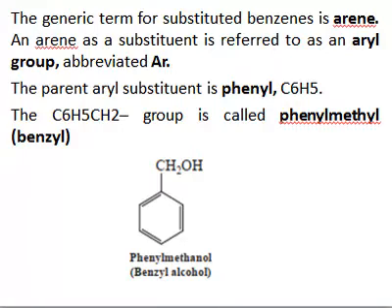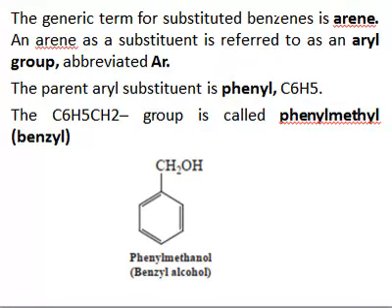So now we have another 3 terms: arenes, aryl, and phenyl, right? What is the difference between these 3 terms? What's an arene, what is phenyl, and what is benzyl? In general, if a benzene is substituted, it's called an arene, whatever the substituent may be.